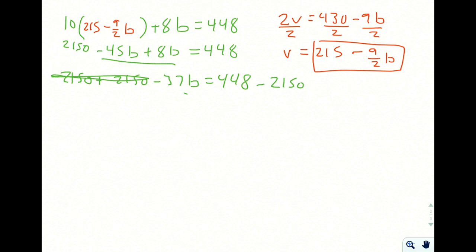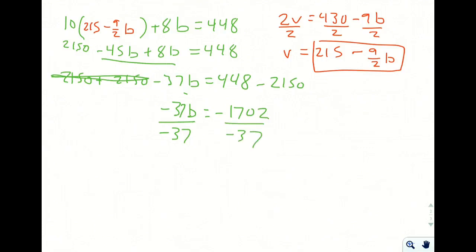And for that we get negative 37b equals negative 1702. And as a last step, we need to divide both sides by negative 37. Again, a good calculator one, so I'll pull that out. And when we do that, we get b is equal to 46. So that means that b, which is the number of students per bus, is 46.